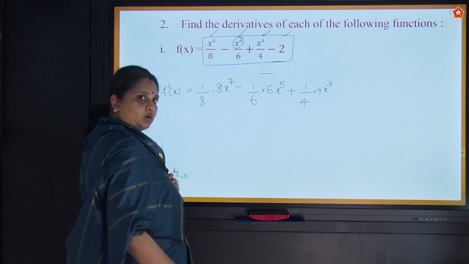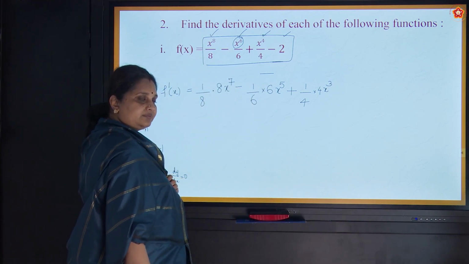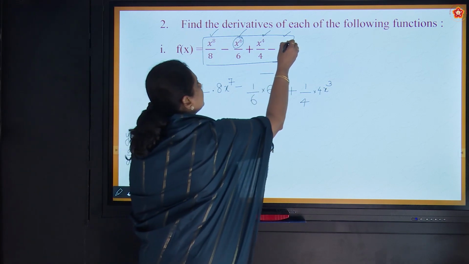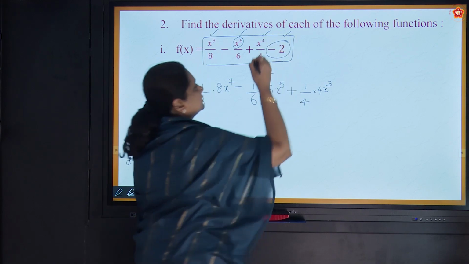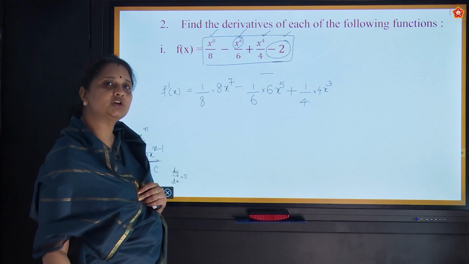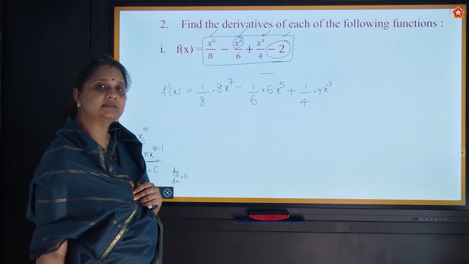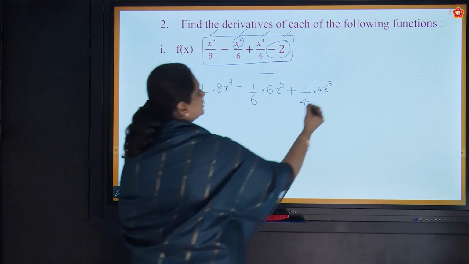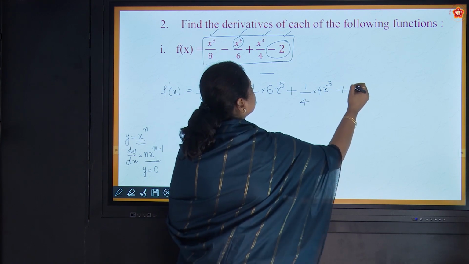The power becomes the coefficient when it becomes the derivative, and there is 1 reduced from the power. And this is a constant term. When I differentiate a constant term, it gets nullified, or it gives me a 0 on differentiation. So minus 2 becomes 0.